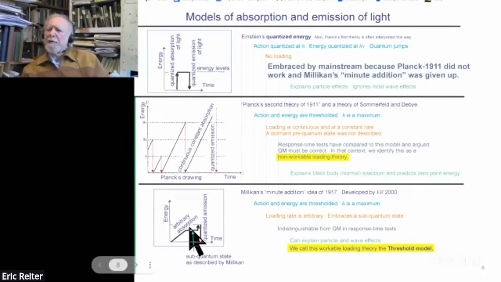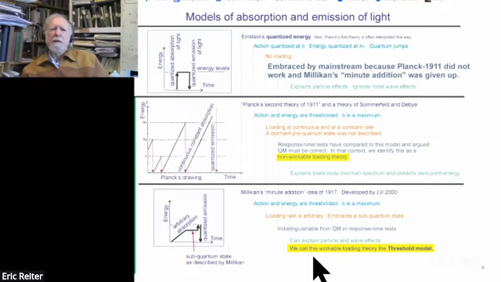So there could be some unseen arbitrary state in the loading up, and it only needs a minute addition to reach a threshold, and then it all gets released in a threshold model. So this is the beginning of what I call the threshold model.